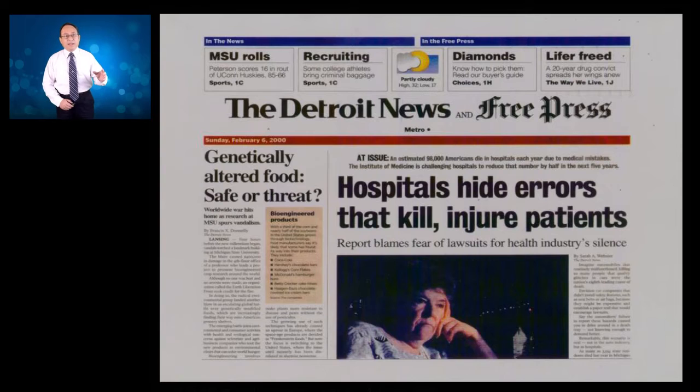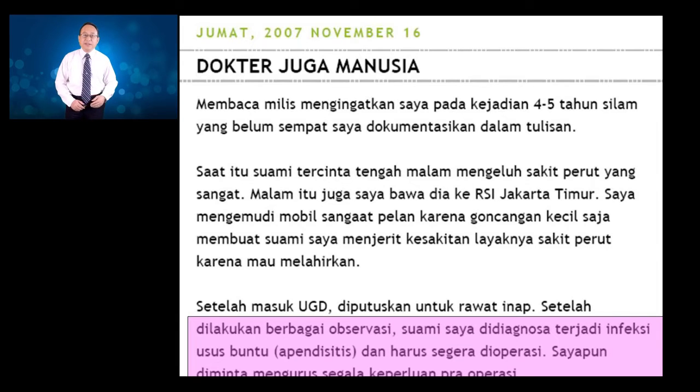First, I would like to introduce you to the real story of a patient who was sent to the hospital, admitted because of pain in the area of the abdomen. When he arrived at the hospital, he was diagnosed as having appendicitis.